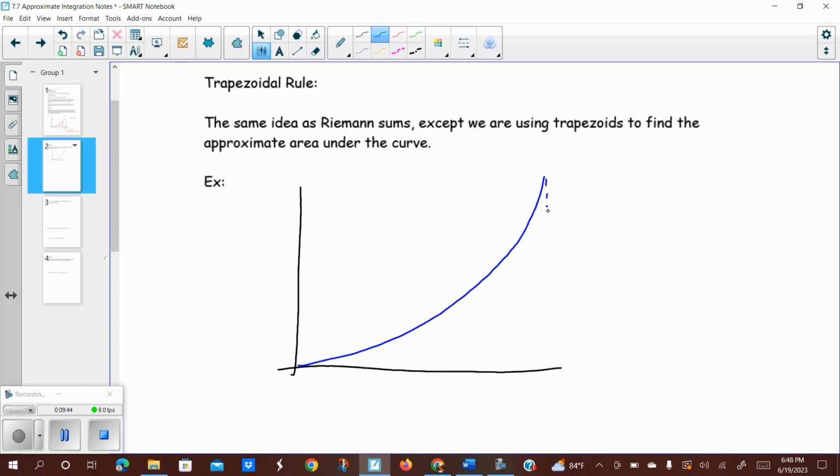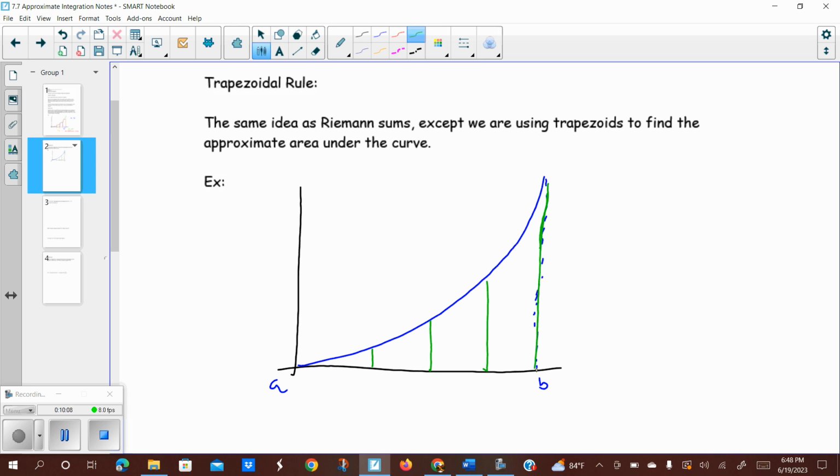If this is our b, oops, lost my dots. So we'll call that b, we'll call that a. Once again, I'm going to go with 4 partitions. Again, it doesn't have to be whatever number they want, but we'll split this up into four equal regions.